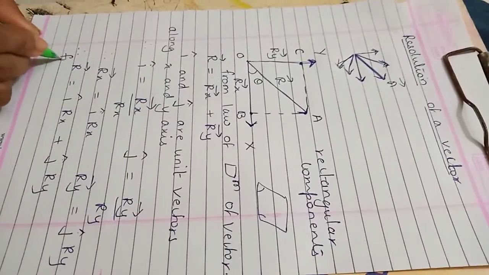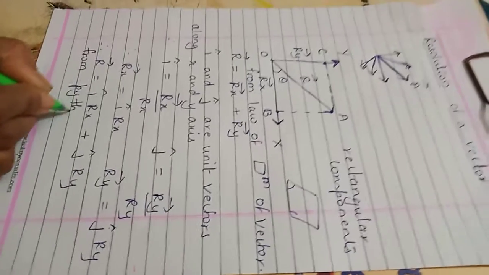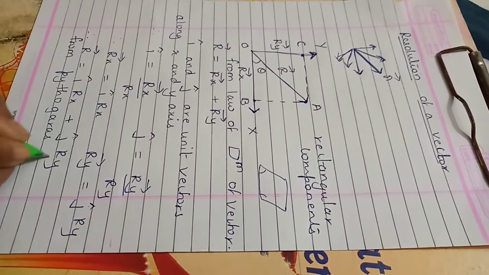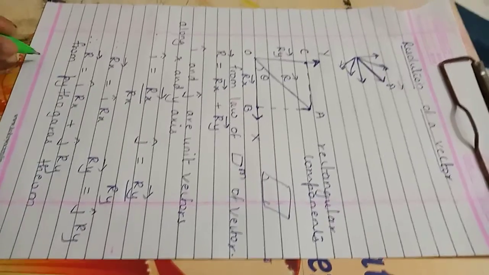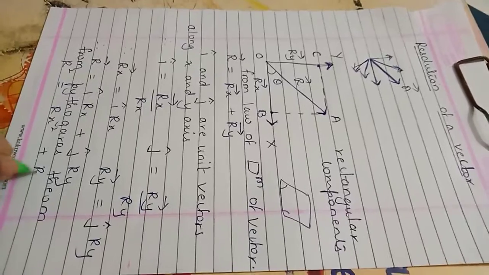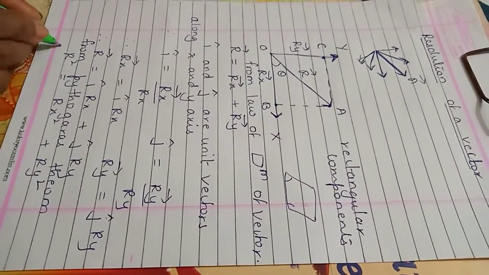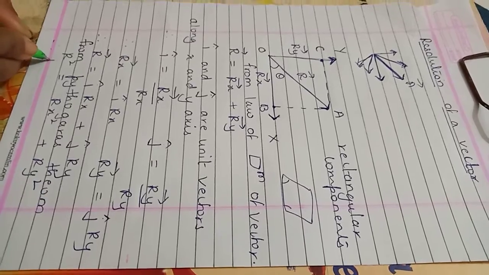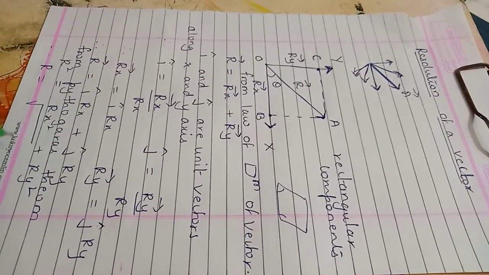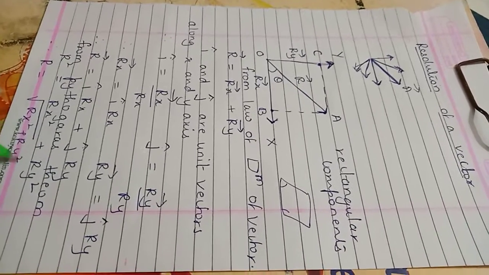Now, from the Pythagoras theorem, very easy. From the Pythagoras theorem, we have R square is equal to, if you take the magnitude, Rx square plus Ry square. Okay. Now, R square is equal to Rx square plus Ry square, or we'll put it like this. R is equal to square root of Rx square plus Ry square. What does this give?